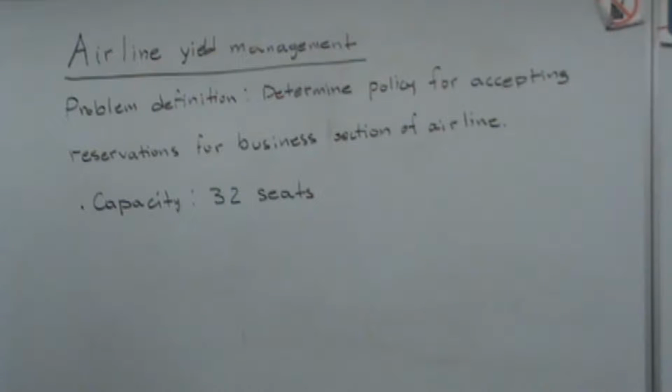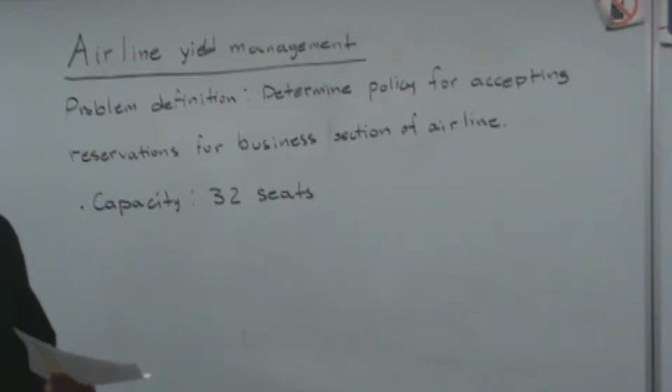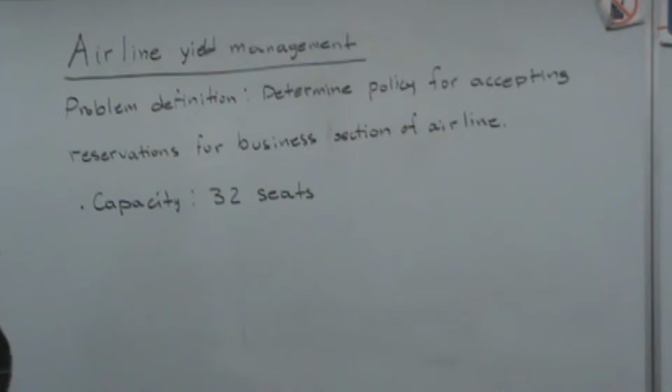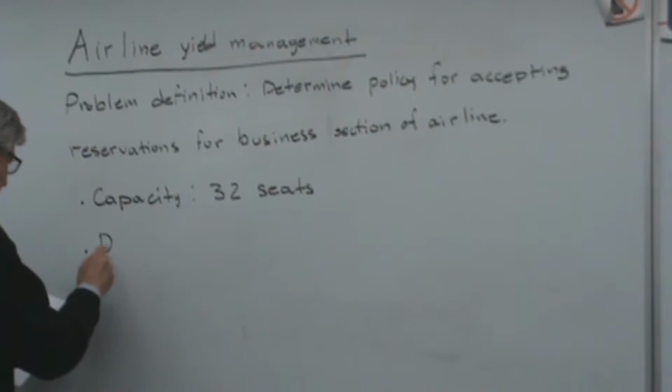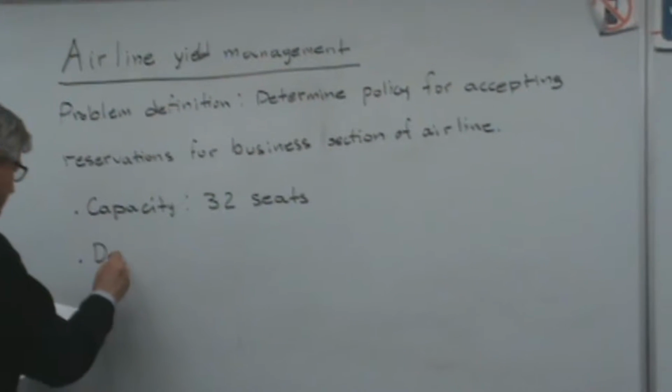Sometimes we have a large demand, sometimes the demand is low and the airplane leaves and not all the seats are filled. Okay? So the demand is represented by a random variable.